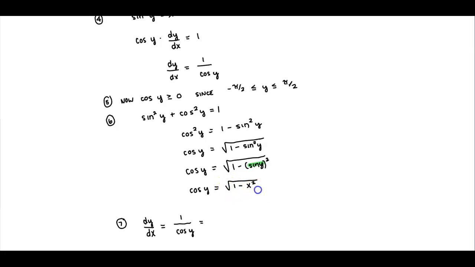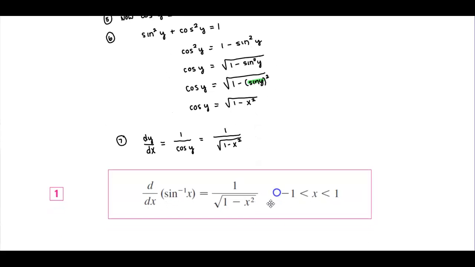So therefore, this is equal to 1 over the square root of 1 minus x squared. So what we've done is we've created definition number 1. Definition number 1 states that the derivative with respect to x of the sine inverse of x is equal to 1 over the square root of 1 minus x squared, provided that x is in between -1 and 1, but not inclusive.